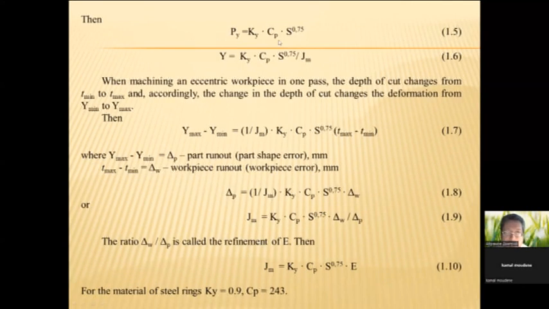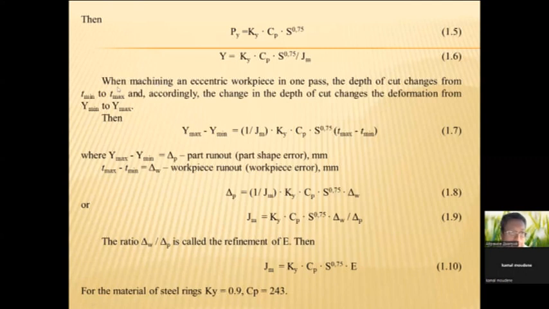So K suffix y multiplied by Pz, it's C suffix P multiplied by S to the power of 0.75. And then we have displacement calculated by the formula 1.6. J suffix m, it's rigidity of material, of the part.